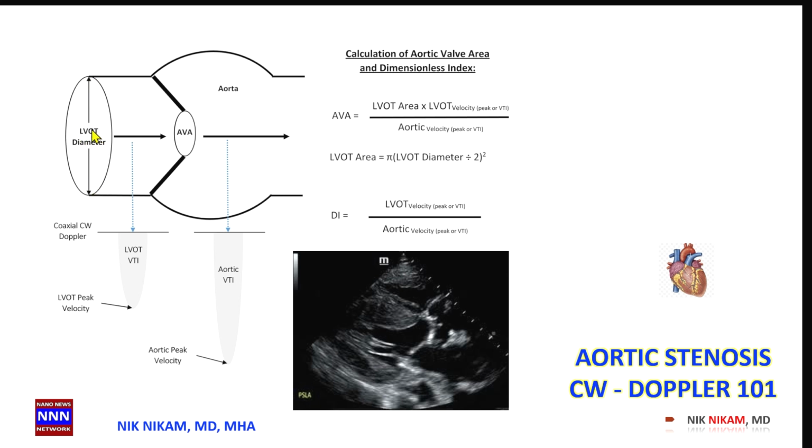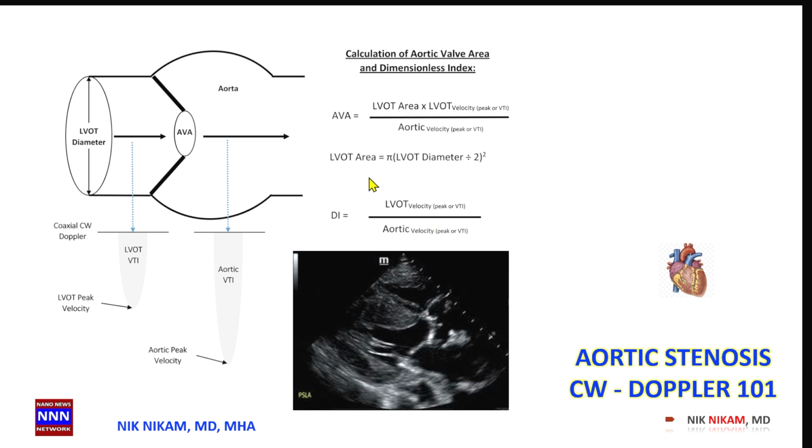Using the radius, we can calculate the area of the left ventricular outflow tract, and we know the velocity time interval. And in patients with aortic stenosis, we know the velocity time interval across the aortic valve. So the missing number is the valve area, which can be calculated by this simple formula.